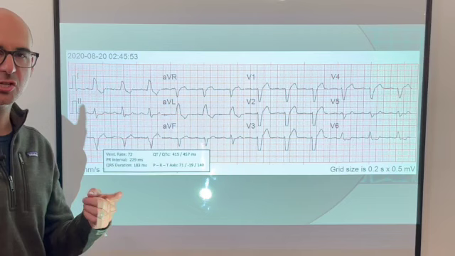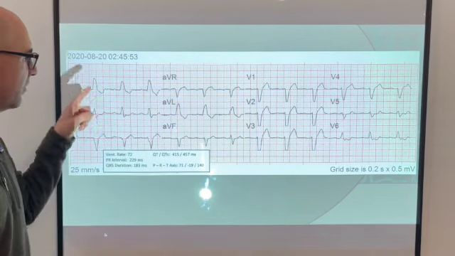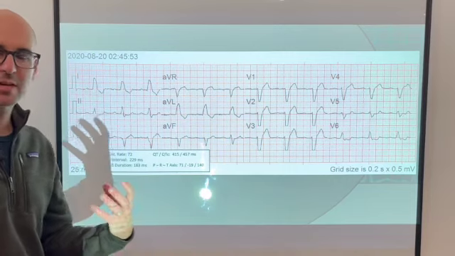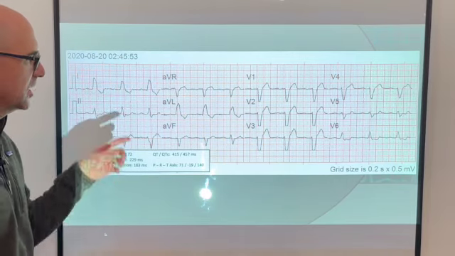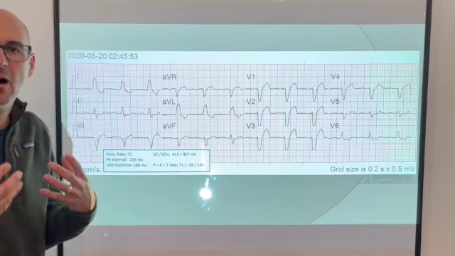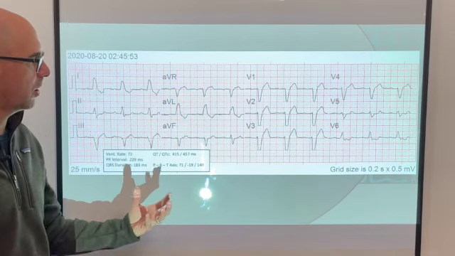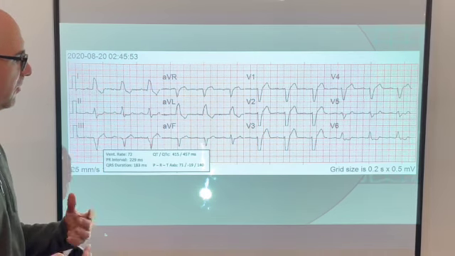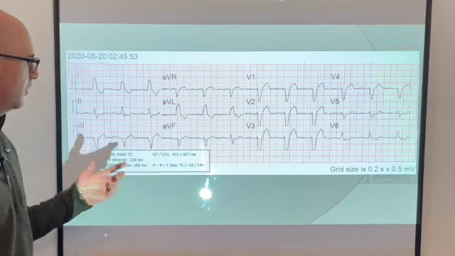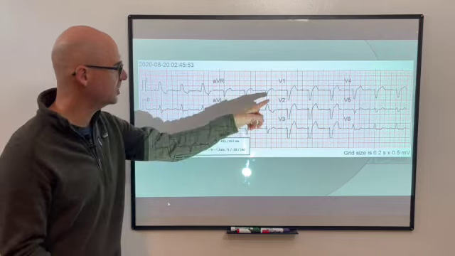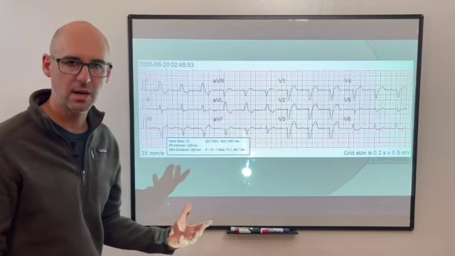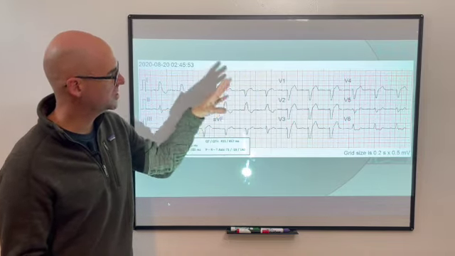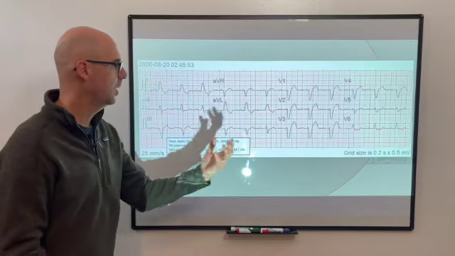And so we're getting a mixture of how the leads sit in relationship to the depolarization, and because there's a conduction path change, that changes how the depolarization moves through the heart, and that's going to affect the morphology of the complex as well. But regardless, all of these, although they look different, are still all QRS complexes.